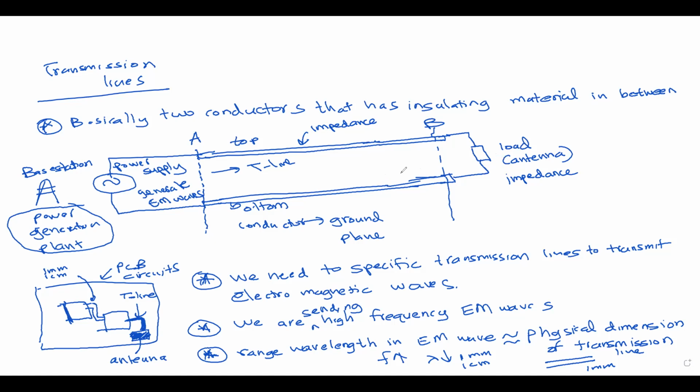Therefore, the goal of studying transmission lines is to understand how we can connect a transmission line to a certain load such that the power loss is minimum, and we can get the maximum energy out of this transmission line. So the goal is to design a transmission line that can deliver maximum power to the load.